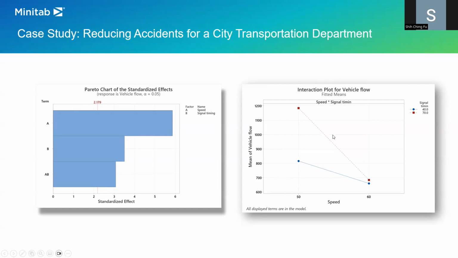So we have the graph we call the interaction plot. Very straightforward: if you want to maximize the traffic flow, the speed should be 50 and your timing should be set to 70. This dot gives us the maximum traffic flow. And the minimum is going to be somewhere here, which we don't want to run at this setting. All right, so a single DOE study can help in mining and also in government, no problem.